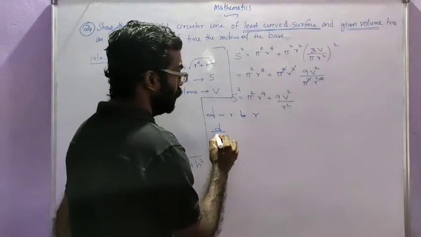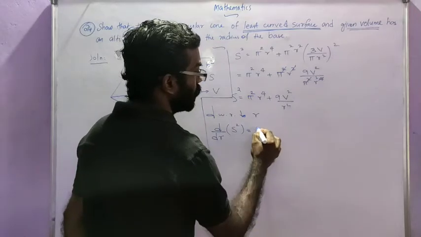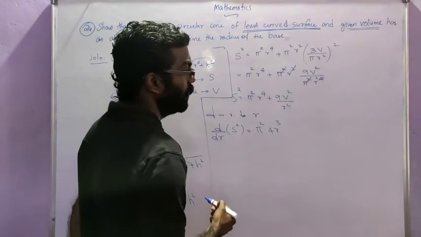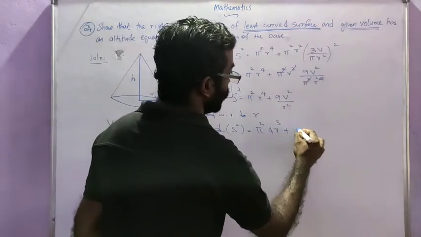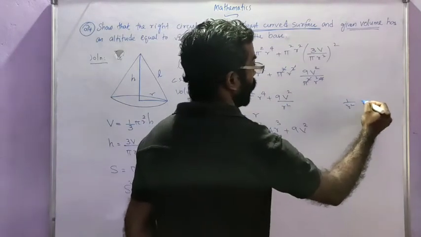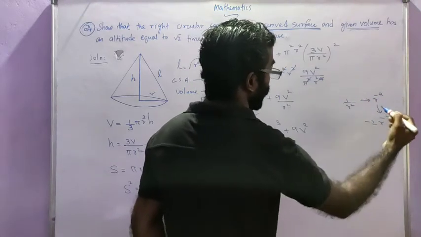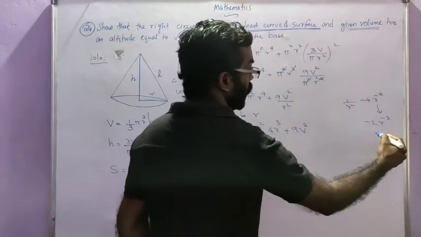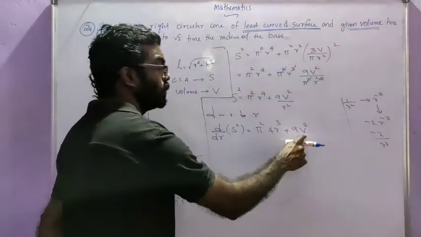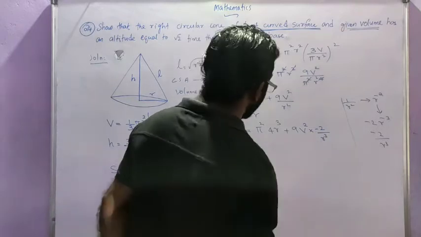So here d by dr of S square equals pi square into 4r cube, since the derivative of r raised to 4 is 4r cube, plus 9v square into 1 by r square. 1 by r square we can write as r raised to minus 2, and the derivative is minus 2 r raised to minus 3, or we can write minus 2 divided by r cube.